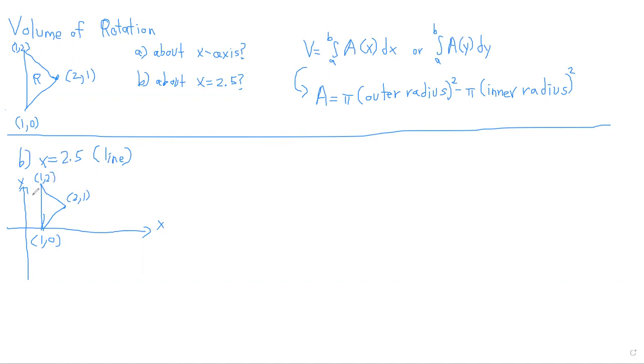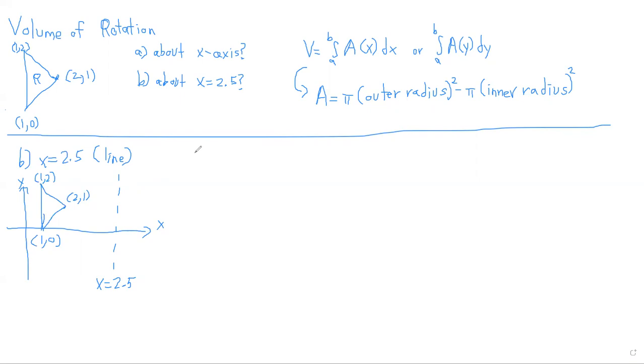All right. Let's also draw our line here. This is x equals 2.5. Since this question involves rotating about a vertical line, this time we're going to be using A of y.